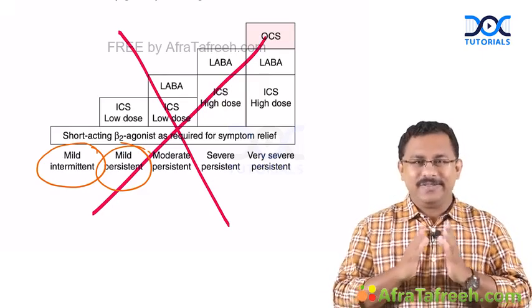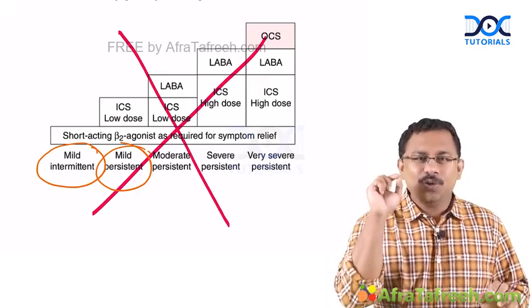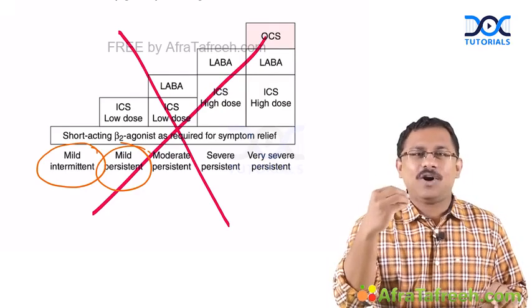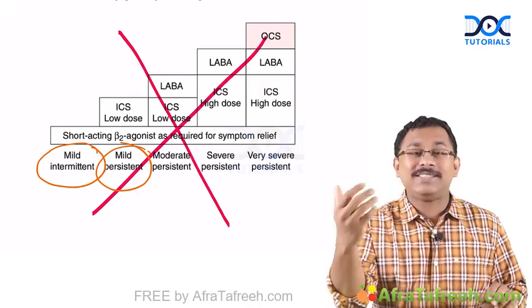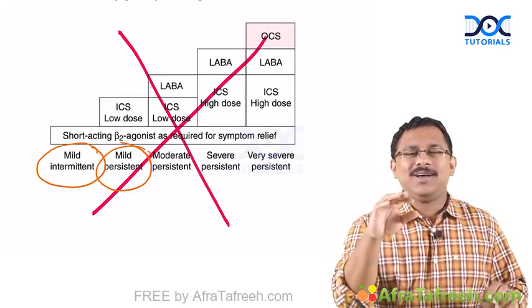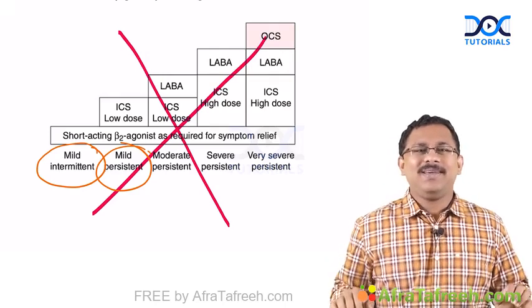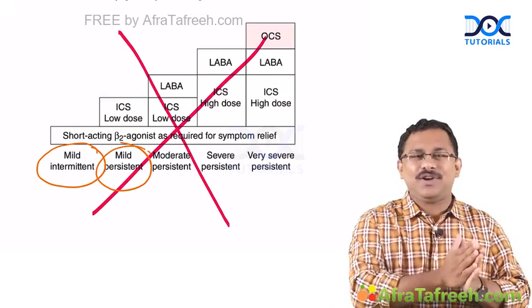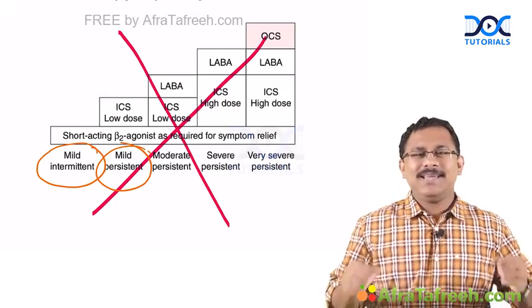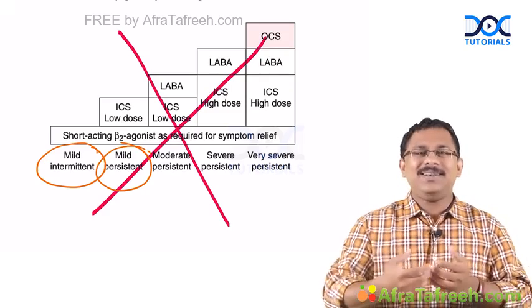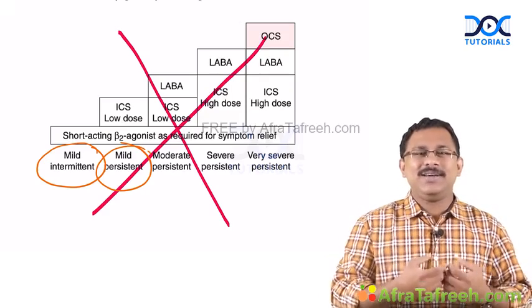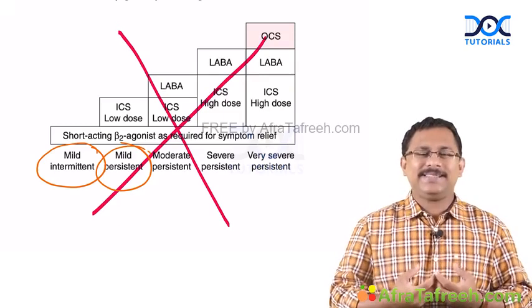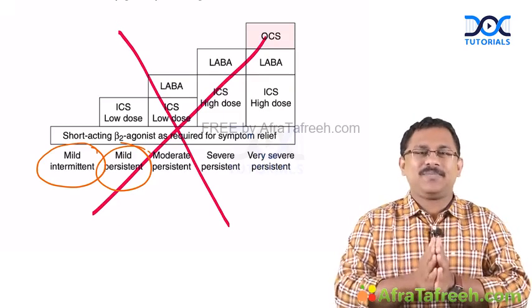Yes, Harrison is definitely a standard textbook, but you should also understand that medicine is always an ever evolving science. So suppose you are in 2021, and a book was published in 2018, you cannot say that that is the state of the art in management. Because see, a lot has happened in these past few years. So new guidelines have come. So you have got to stay updated.